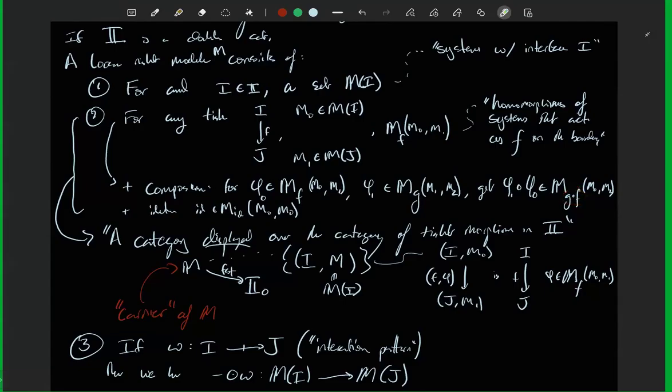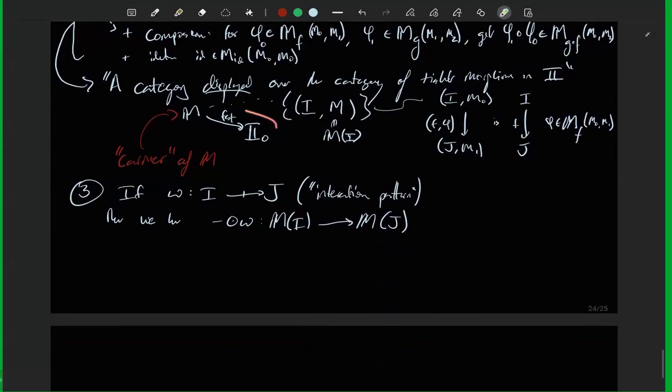And therefore, maps that act as the identity on their interface form a category for every interface. So I can consider this set as a category where the maps in that category are the maps which act as the identity on the interface I. And so I'm always going to do that. That is the category which is the inverse image of I under this functor. Okay?